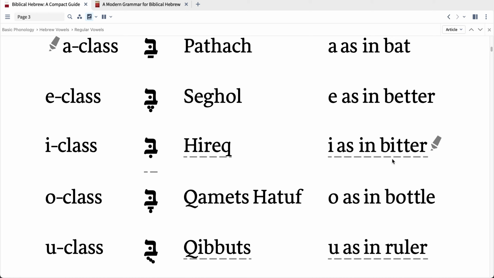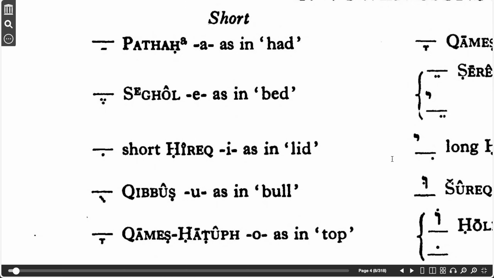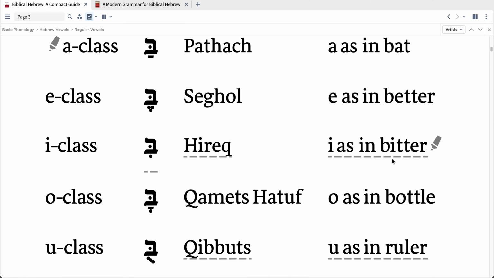So you're seeing these. I got a different grammar book. You can only learn this one way, so that you see it with a letter, how it would look with a letter in appearance.